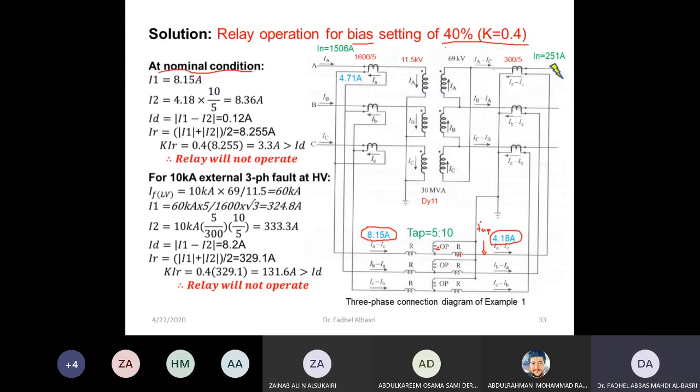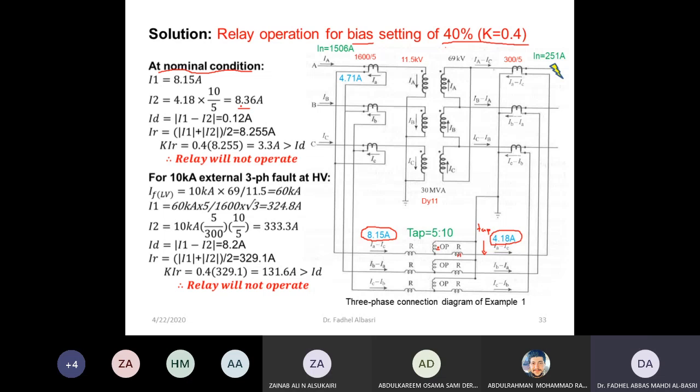So this will increase to 8.1. I want to increase it, so I'll multiply by 10 and divide by 5. So the current here, this current after the tap, will be 8.36. And I have no tap this side, so it will be the same as 8.15.